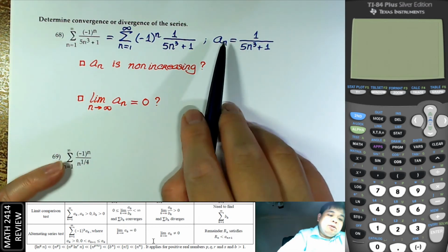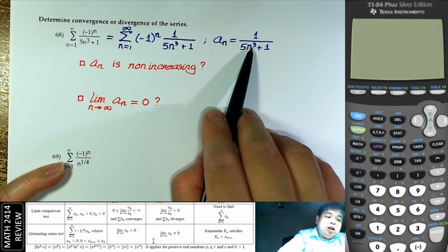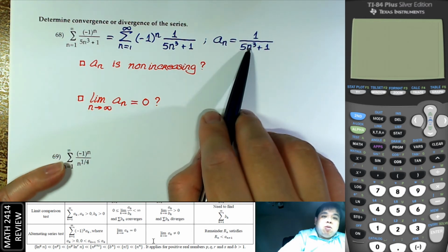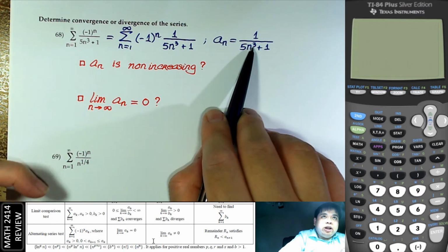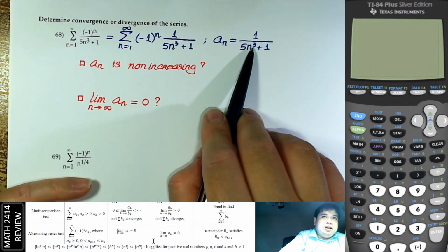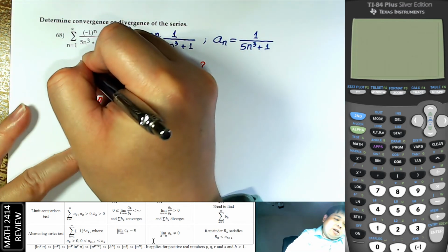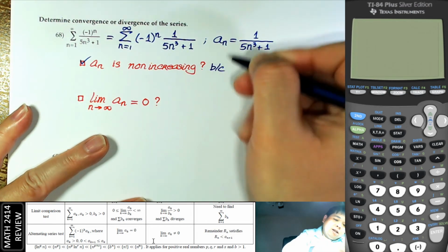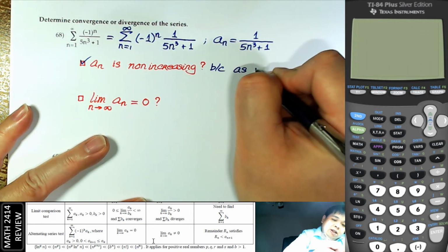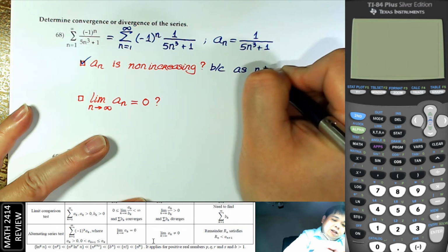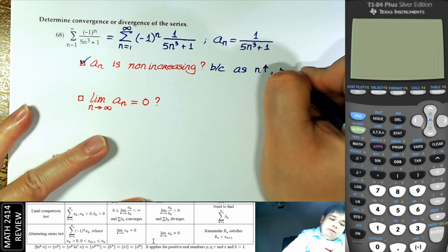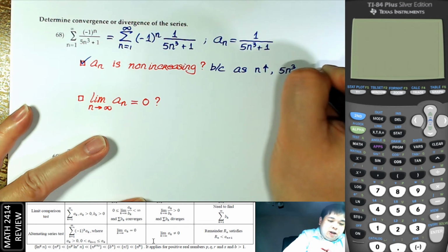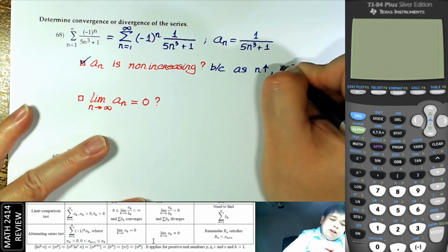Now, this one is non-increasing for sure, because as n gets bigger, the bottom gets bigger, and the whole thing gets smaller. So it is decreasing, right? So we check, because as n increases, 5n cubed plus 1 also goes up.